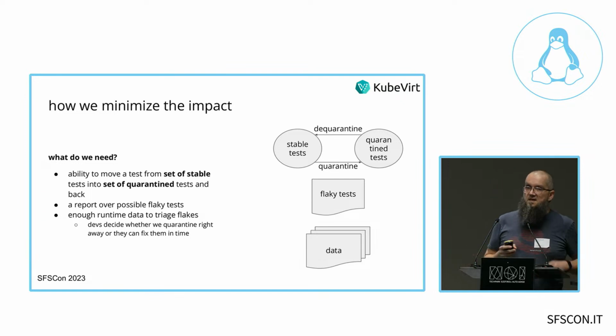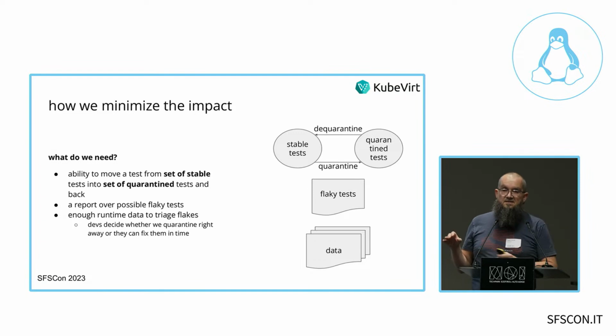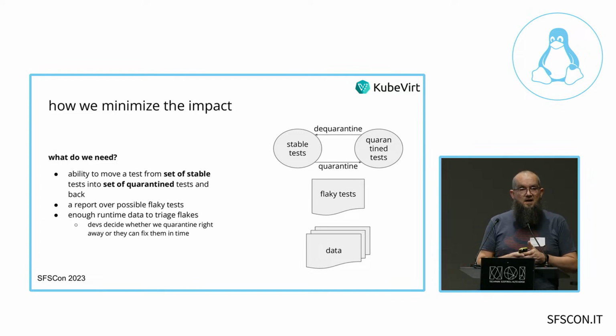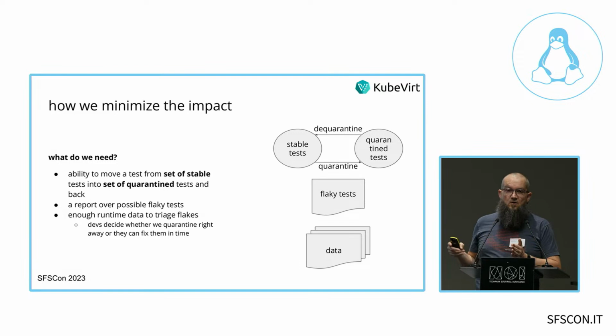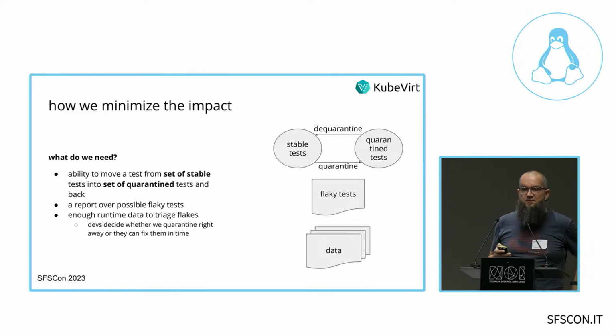We need a couple of things. First of all, we need a method on how to remove a flaky test and put it in another set of tests that are not executed during the CI runs. So the gist of it is that you have some kind of flag on a test whether it is flaky or not. So you can move it out of the whole test suite at any time if you need it, if it gets flaky.